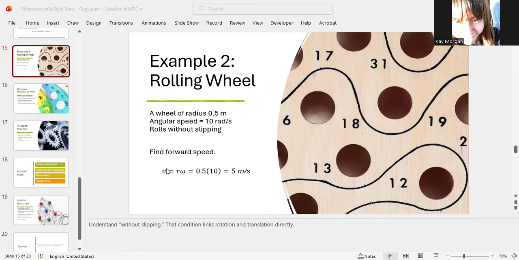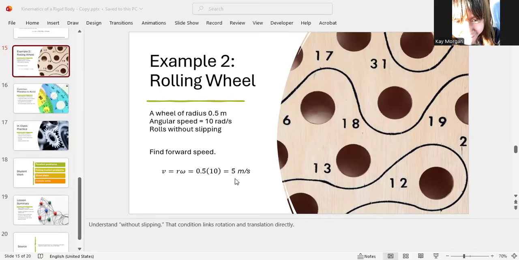So we put all of that together and come up with this equation: linear speed is equal to your radius times your angular speed. Plug in all of the units and the values, 0.5 meters, 10 radians per second.